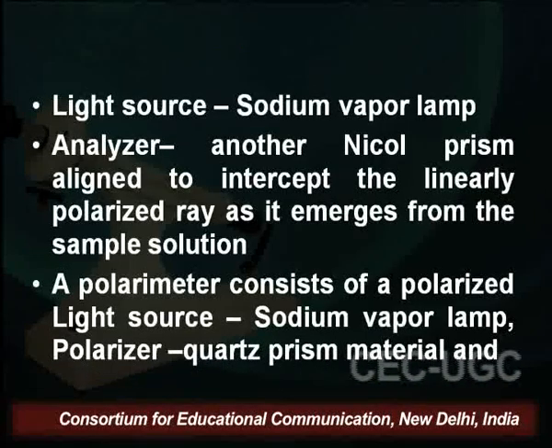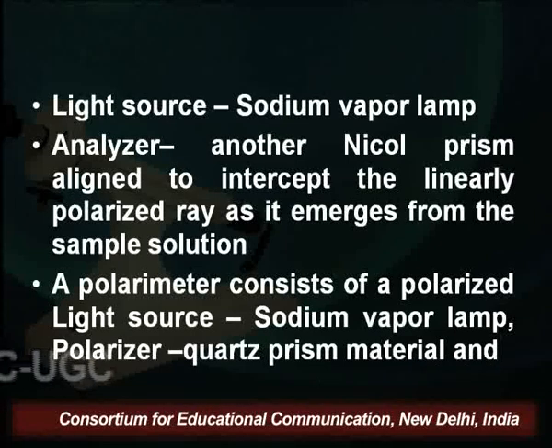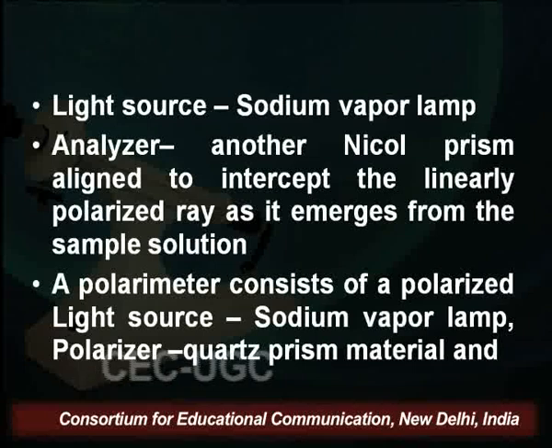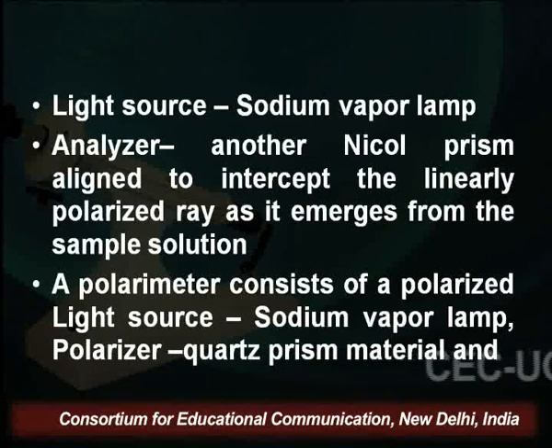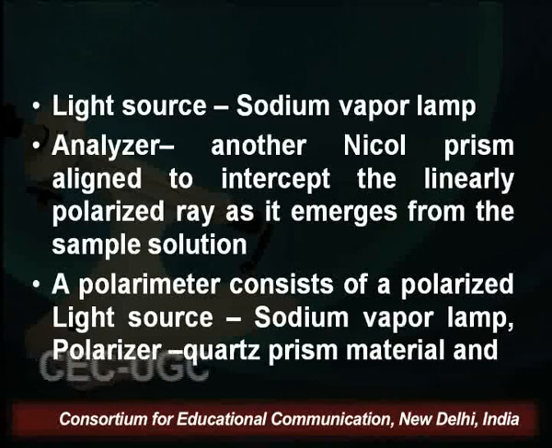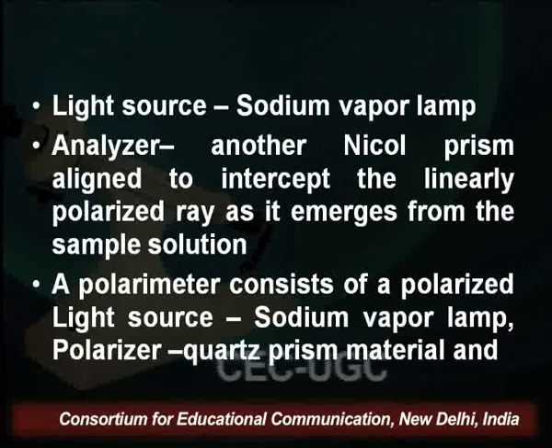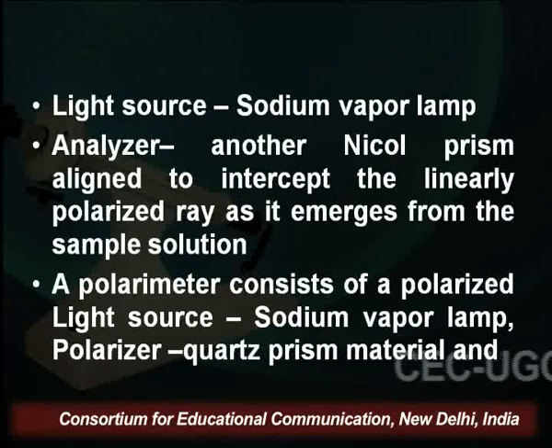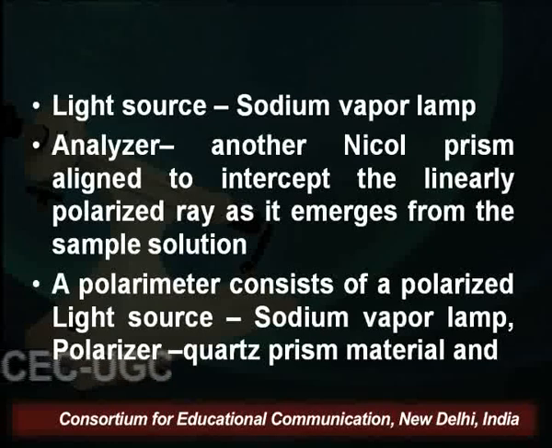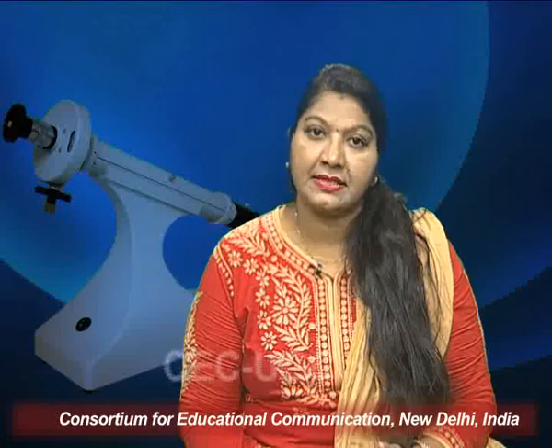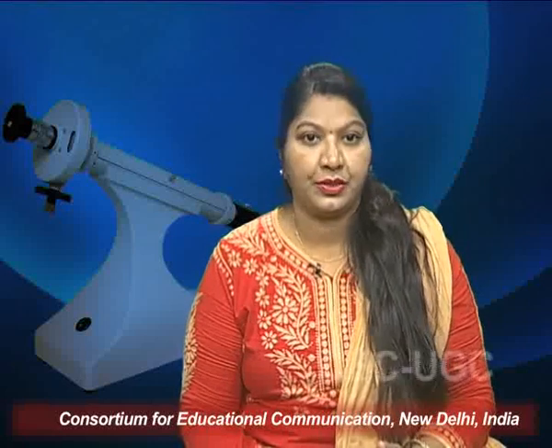Usually we use a sodium vapor lamp, and for the analyzer we use the Nicol prism, which is aligned to intercept the linearly polarized ray as it emerges from the sample solution. Means the first part is a polarizer, and when the light emerges from the sample, we use the analyzer just to get the output.